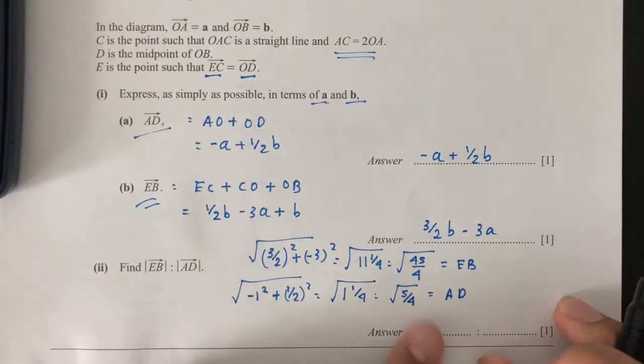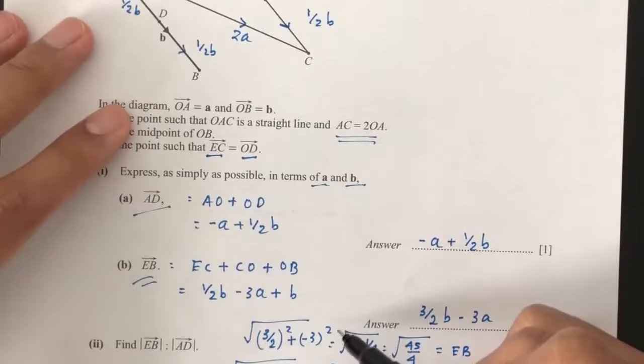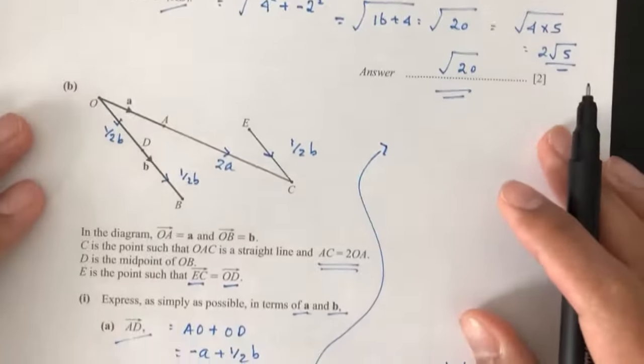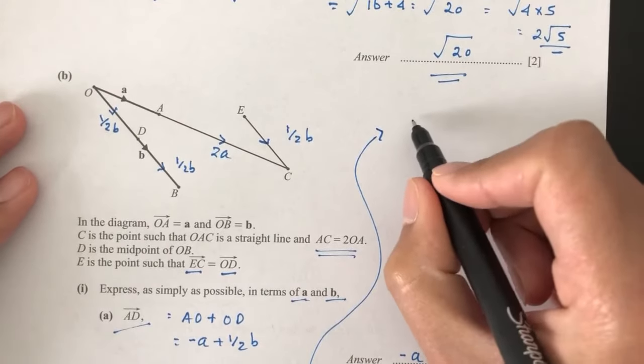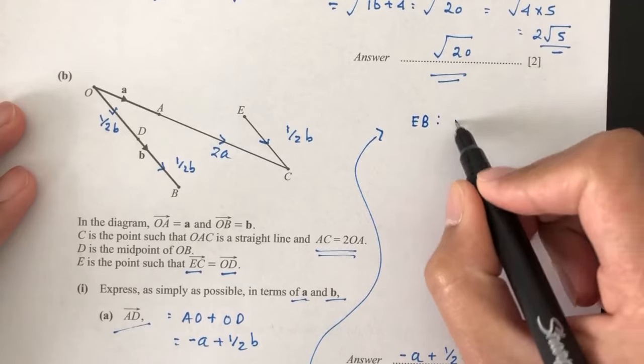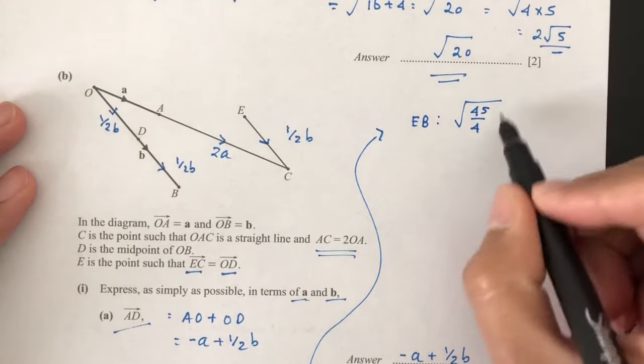So now we can simplify this. Let's go to this side. So for now we have EB equal to. We can simplify this.